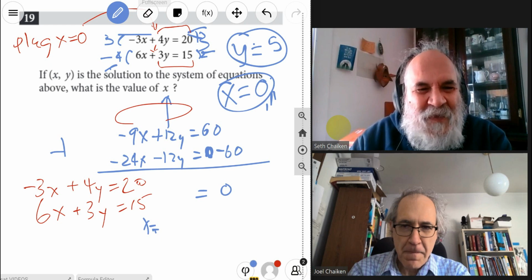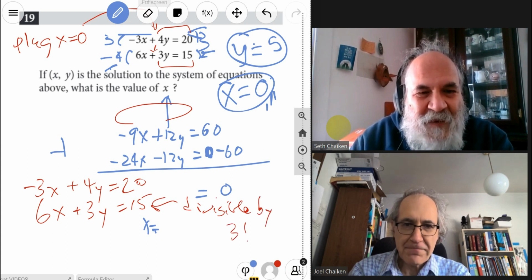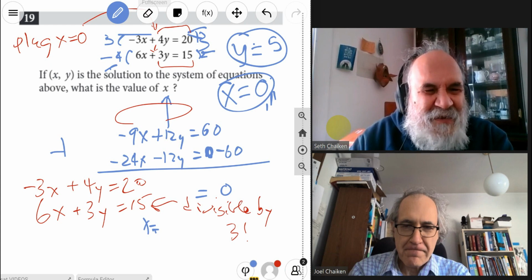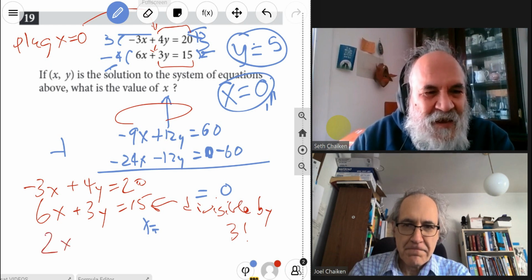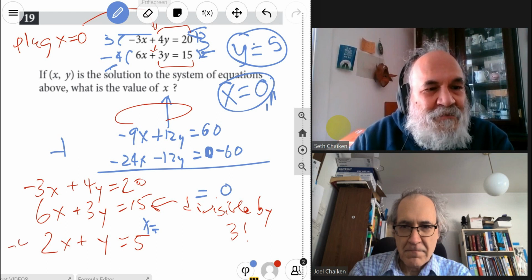This equation is divisible by 3. So you divide it by 3. So you get 2x plus y equals 5, since 15 divided by 3 is 5. And now you could multiply this by, let's do it Joel's way.